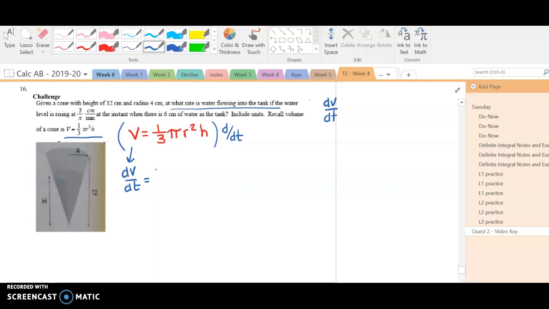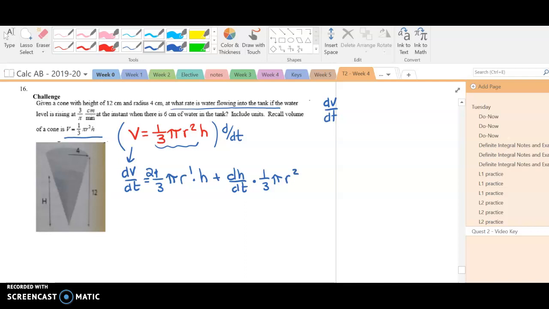equals 1/3 pi r to the first power, because we're going to subtract 1. We're also going to multiply by that 2 times h, because we've got the product rule going here, plus the derivative of h is going to be dh/dt times everything else that was essentially p, so 1/3 pi r squared.